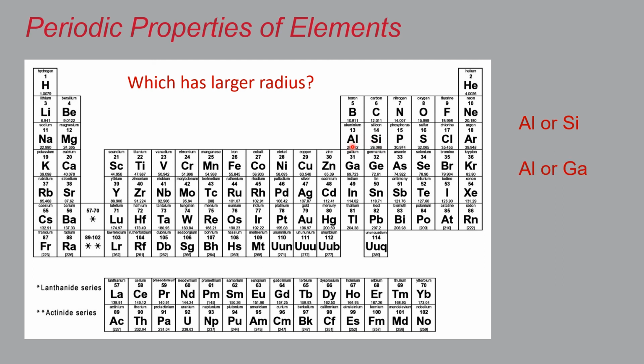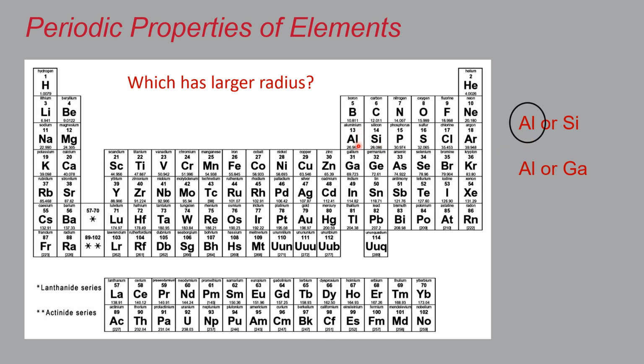I've got two questions here: compare aluminum and silicon, and aluminum and gallium. Aluminum versus silicon is the intra-row trend, and aluminum and gallium is the intra-column trend. The trend is that they get smaller as you go from left to right, which means silicon is going to be smaller, which means aluminum will have the larger radius between those two.